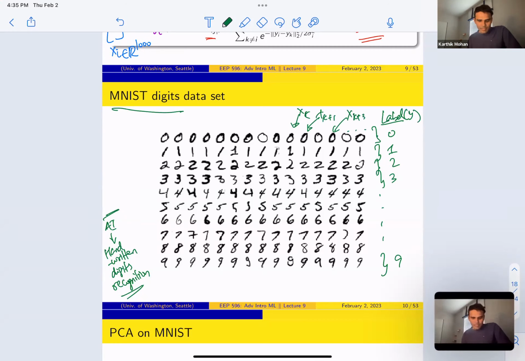And what is this X? X is an image. It's an image of a handwritten digit. So the image is your input, but your label is a number. It's like 0 or 1 or 2 or 3 or 9, right? So we just want to make sure we get the representation here. The input is an image, but the output is a number, right?